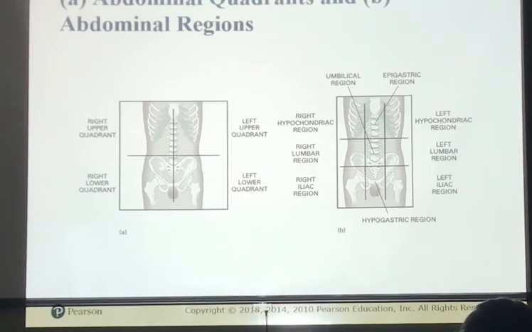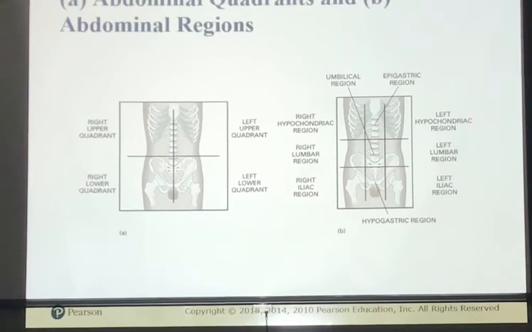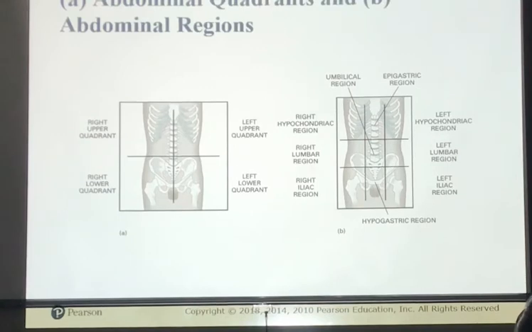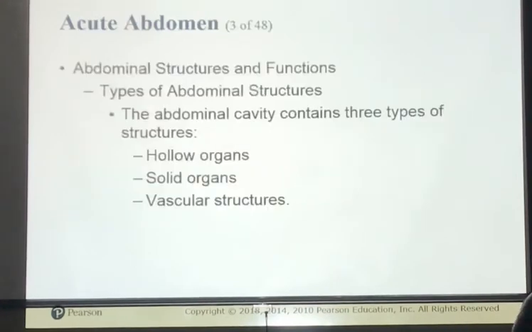The right kidney is also behind the abdominal lining. The right lower quadrant contains the appendix, part of the large intestines, and female reproductive organs. Left lower quadrant contains part of the large intestines and the rest of the female reproductive organs.